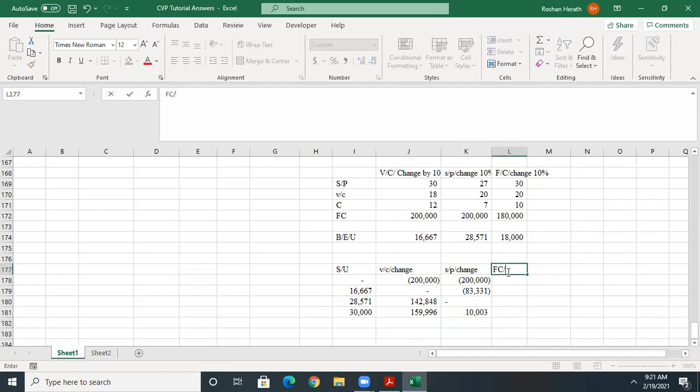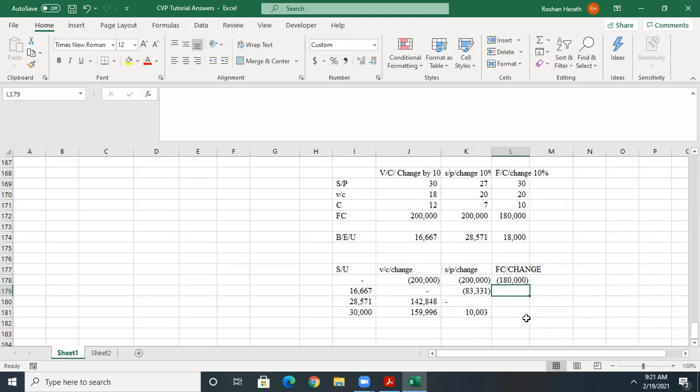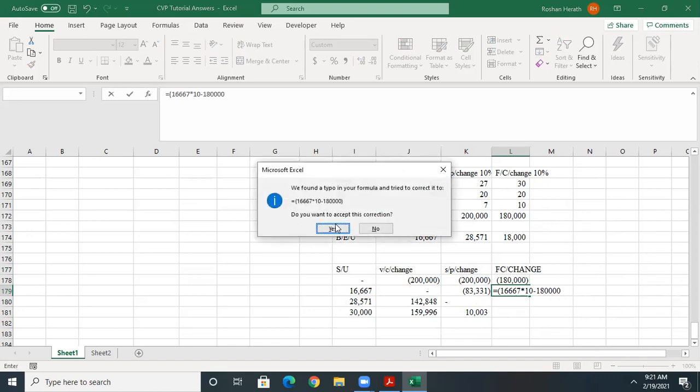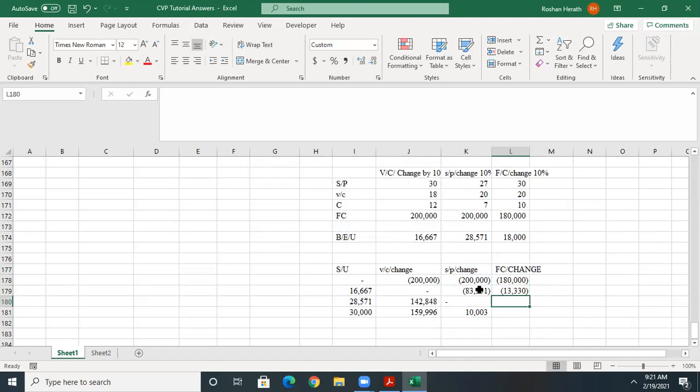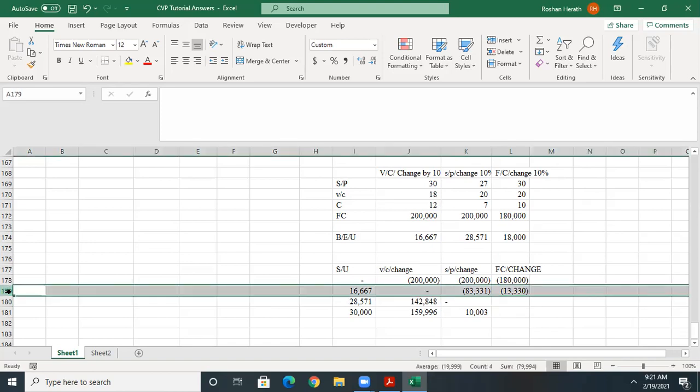And finally, the fixed cost change scenario. So you need to take the zero level, it's 180,000, no problem. If you take 16,667 units, into contribution, that is 10 minus 180,000. Okay, then you have to take 18,000 level.